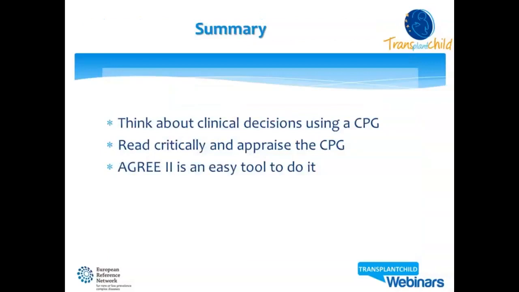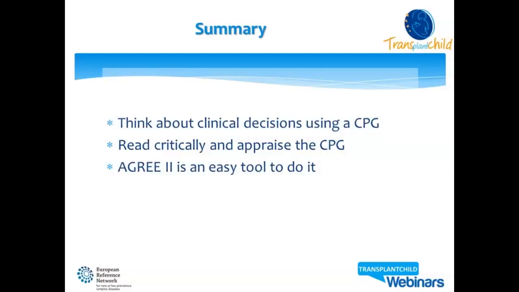Okay, so summarizing, we need to think about clinical decisions using clinical practice guidelines. That means that we are going to use clinical practice guidelines to support clinical decisions. So it's a tool for us to work. So we need to really be sure that the clinical practice guideline has the quality we expect in one.